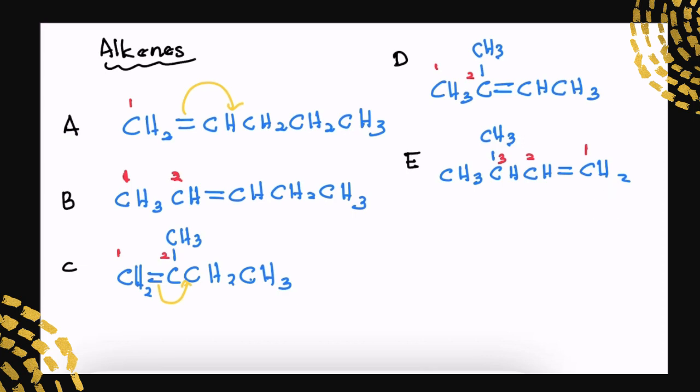So why don't we try to shorten the number of carbon to 3? 1, 2, 3. And we put a double bond here because we have 5 carbon. Can we accept this structure?